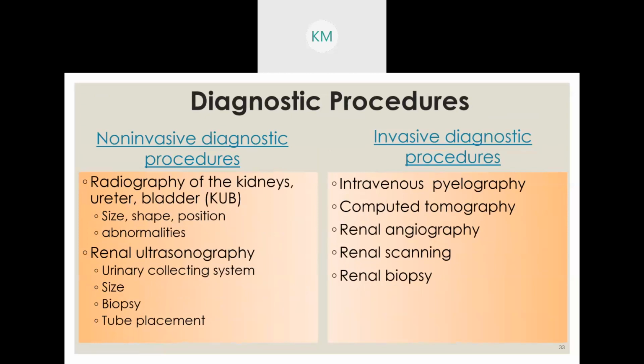It may also identify abnormalities such as calculi, or kidney stones that we talked about, cysts, or tumors. A renal ultrasound is useful for evaluation of the urinary collecting system, so you could see an obstruction possibly. An ultrasound will also show the size of the kidneys. Ultrasound is used during renal biopsies, which of course then would make it invasive.